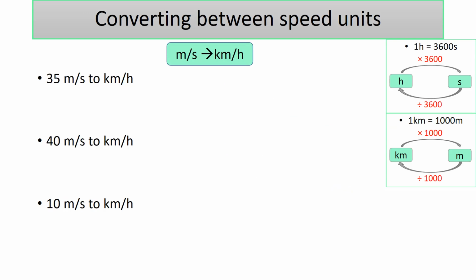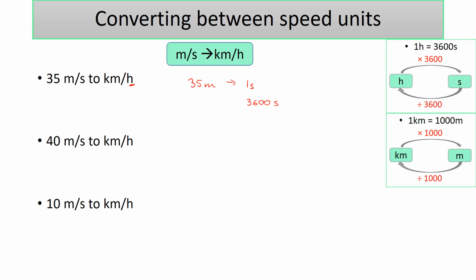And in the last conversion, we're going the other way around. So we're going from meters per second to kilometers per hour. So it's 35 meters in 1 second. Now, because I want to have it in hours, 1 hour is 3,600 seconds.